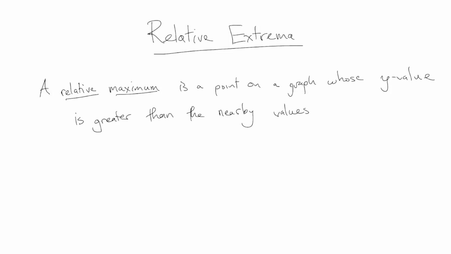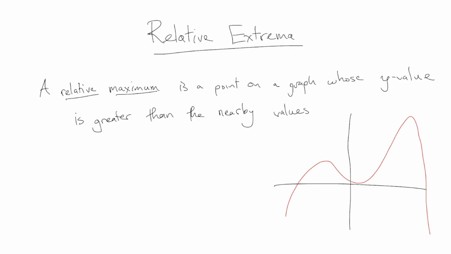So what it looks like on a graph is something like this. If that's a function here, I see actually two different relative maximum points. The word maximum refers to the fact that the y value is higher. So this one over here is a relative maximum because its y value at that point is higher than all the nearby y values.